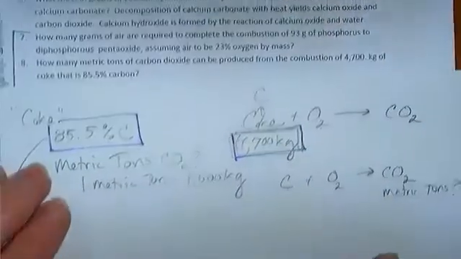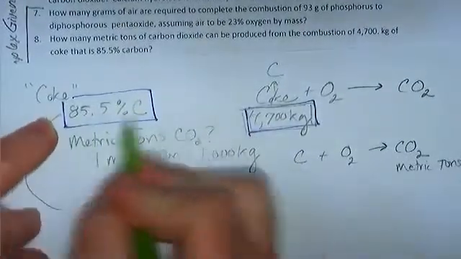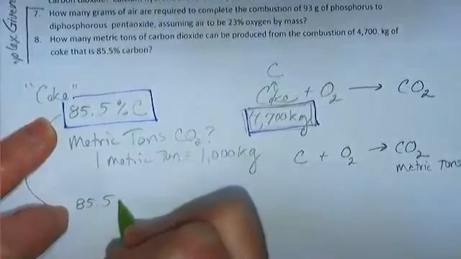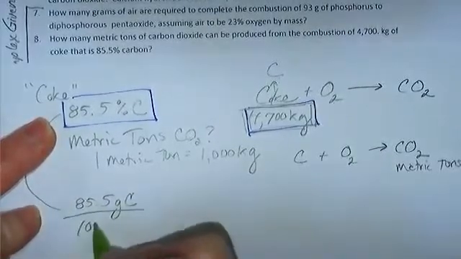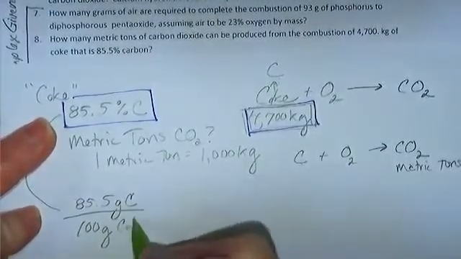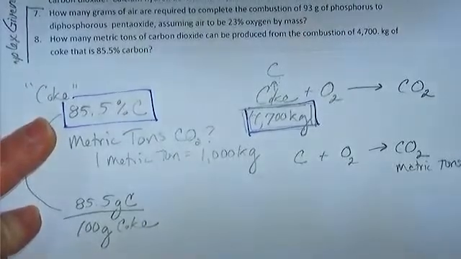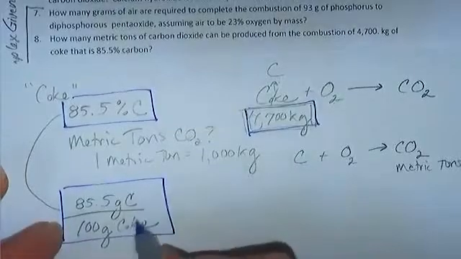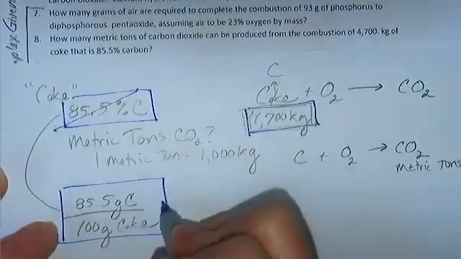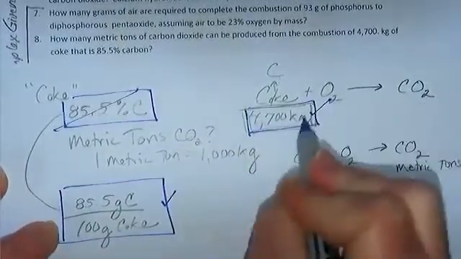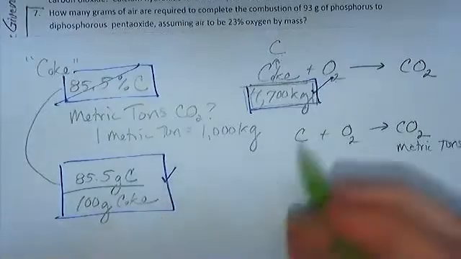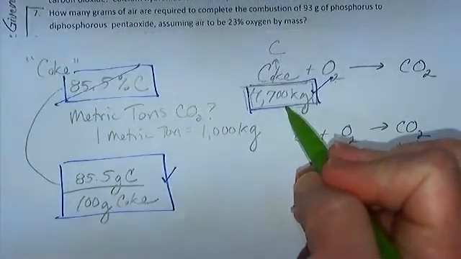And so we can rewrite this to mean that there's 85.5 grams of carbon in every 100 grams of coke. So this became that given. So I really have a mass and then a conversion factor. I'm going to begin with my more straightforward given, the mass.